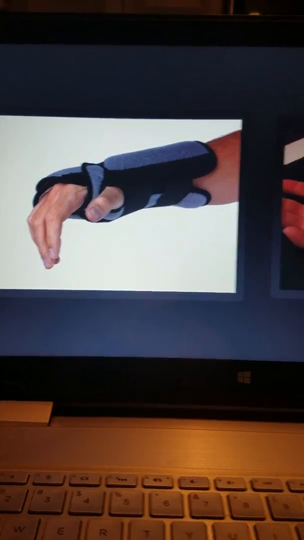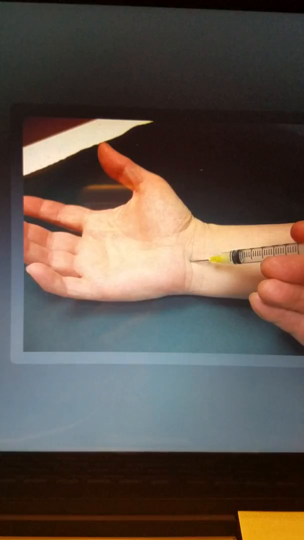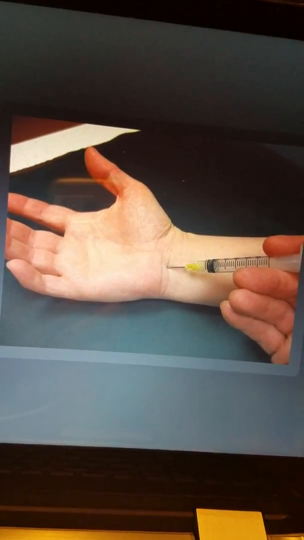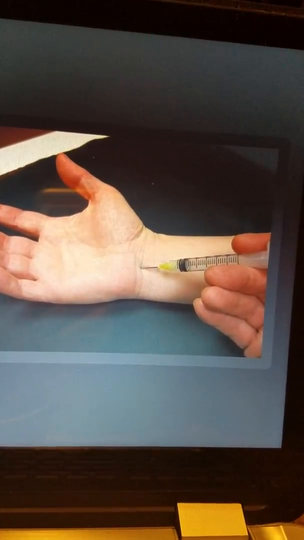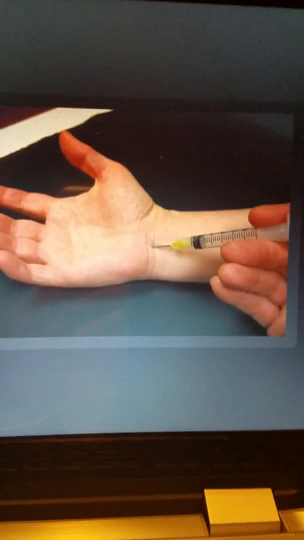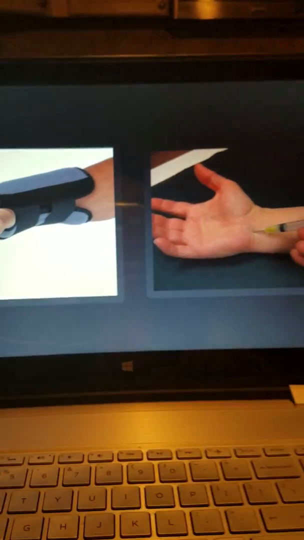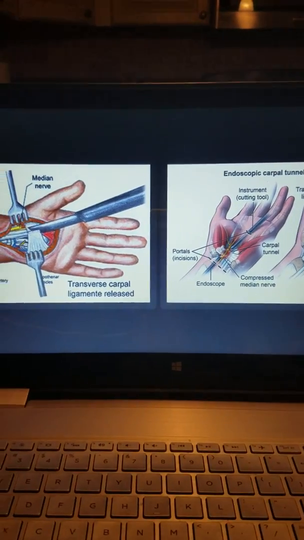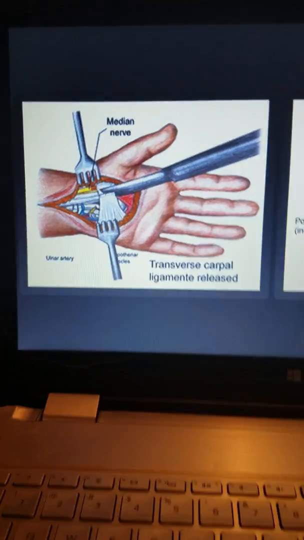Or you can have steroid injections, like right here, where you can use corticosteroid or cortisone, which will help reduce the inflammation, but sometimes this treatment is only temporary. And whenever these non-surgical treatments do not work, there's also surgery, which is called carpal tunnel release, which you can do in two ways.